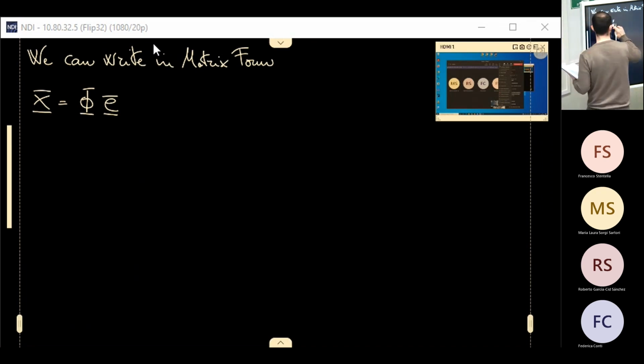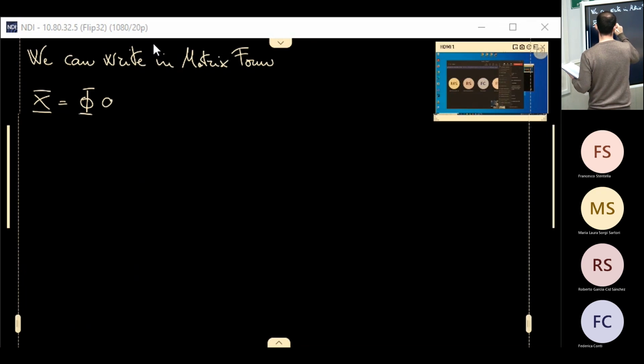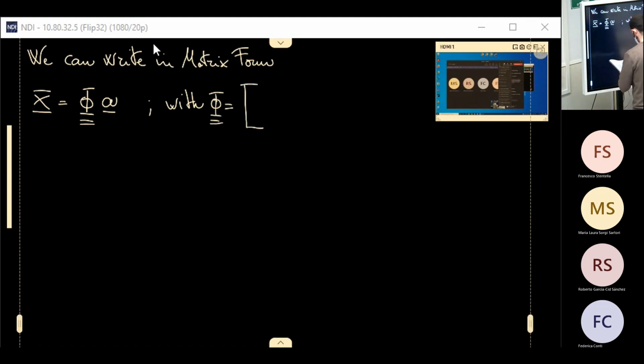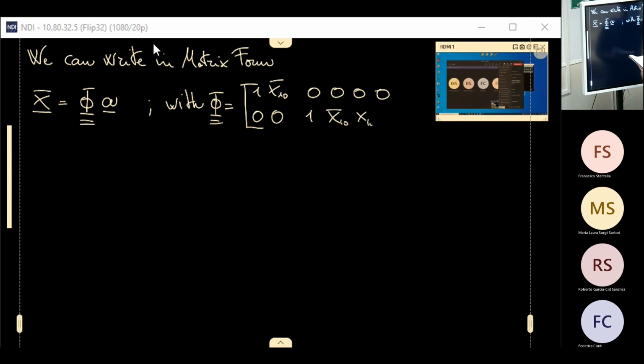It's always the coefficient matrix. But again, this is the following, just as we have done yesterday.